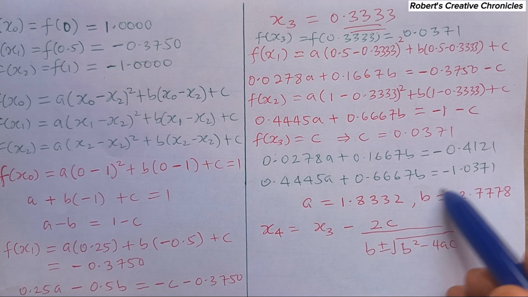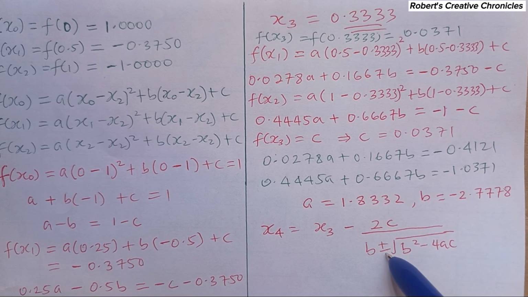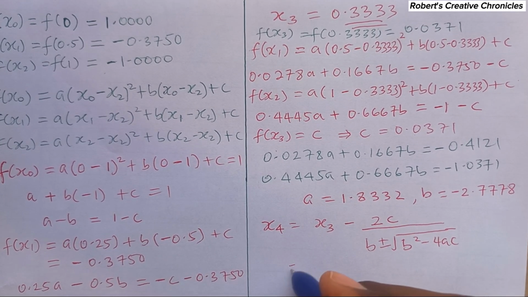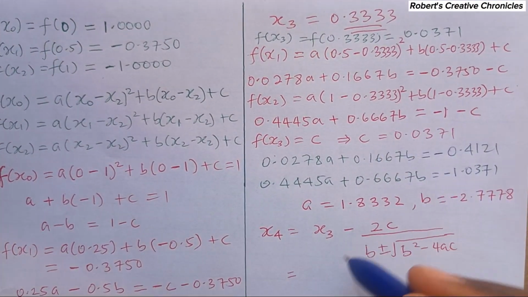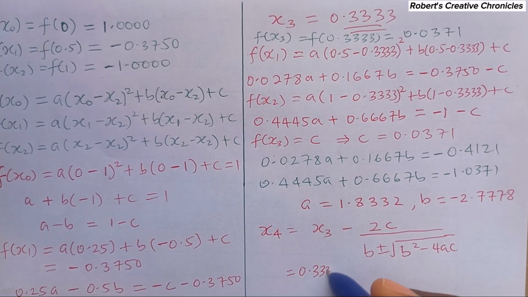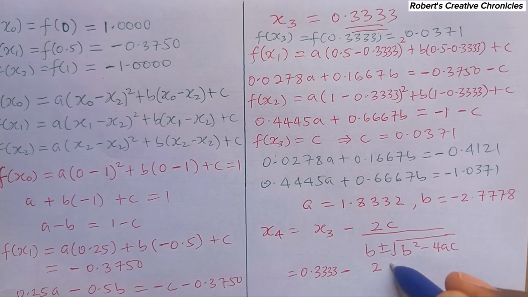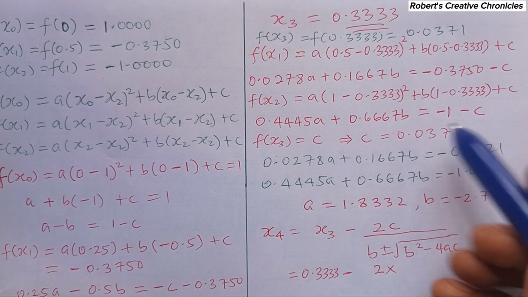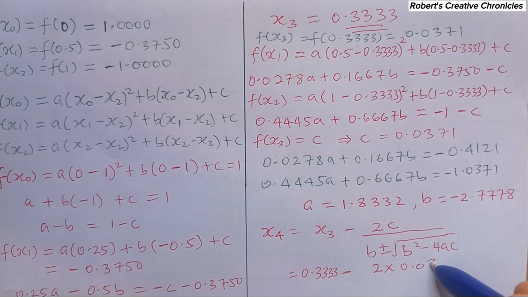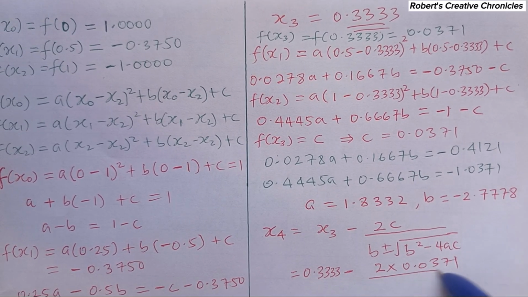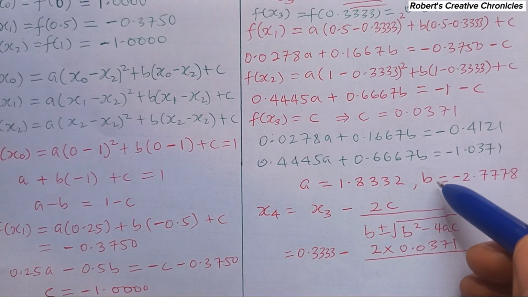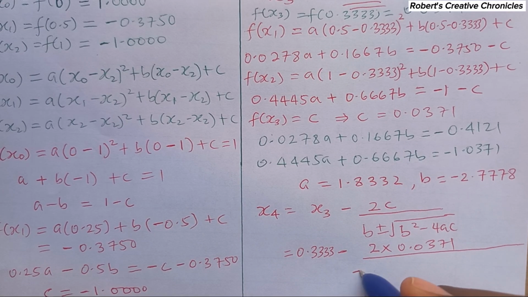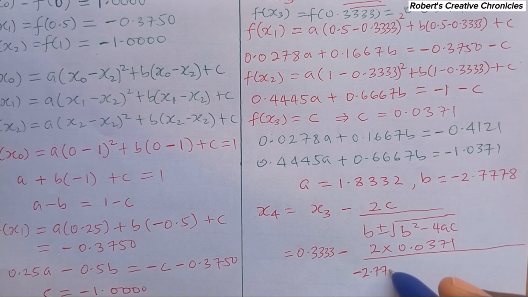So since b is negative here, we're also going to use negative here. So this becomes x3 is 0.333 minus 2 times c, which is 0.0371, over b, which is negative 2.7778.